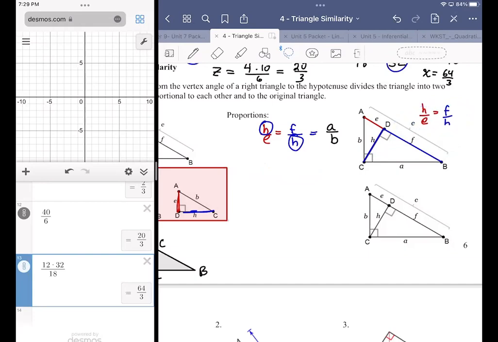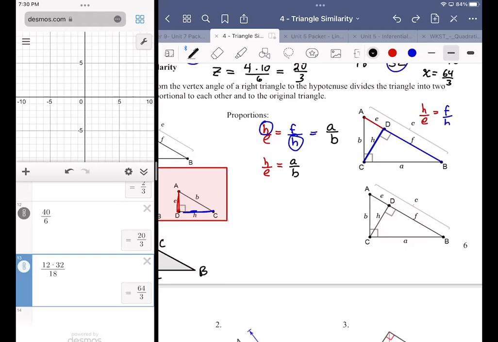I can also say that H over E is equal to A over B. Because any pair of values from this trio would be equivalent, in ratio or in proportion to one another.